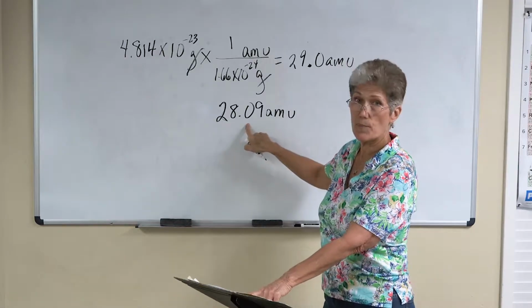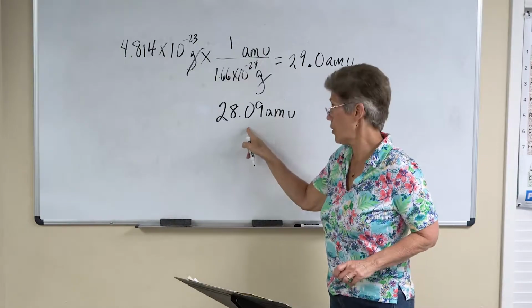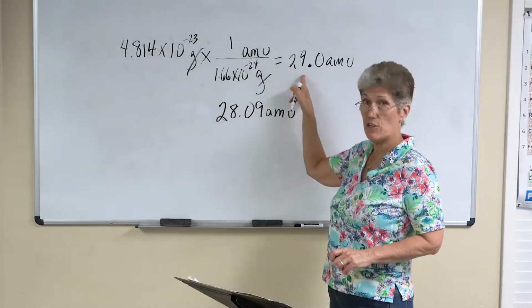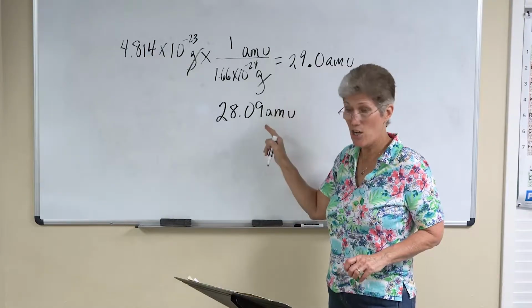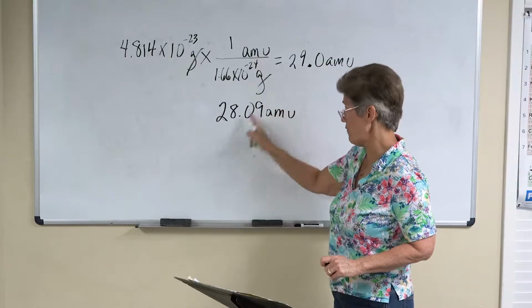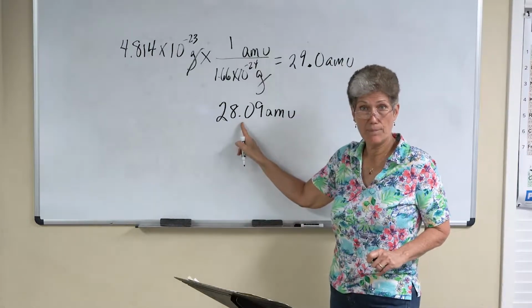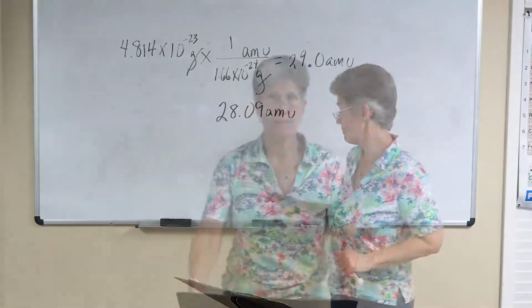Well, this is what is on our periodic chart. Therefore, this is the most abundant form of silicon. So this is a heavier isotope, isn't it? And therefore, the answer to the second half of the question would be no. This is not the most abundant form of silicon because it's heavier than the one that's listed on the chart, which would be the most abundant form of silicon.